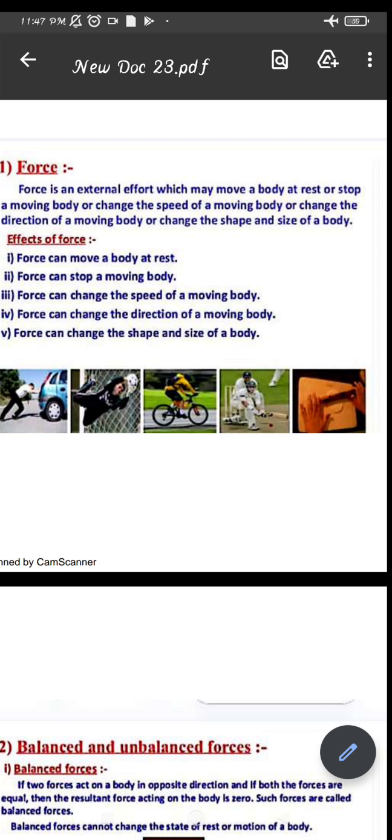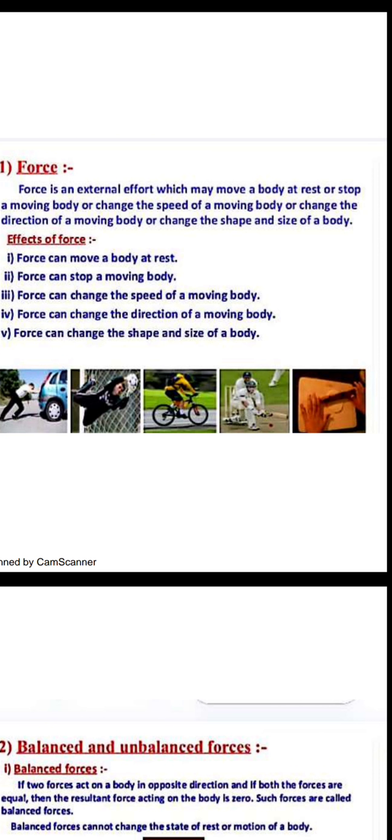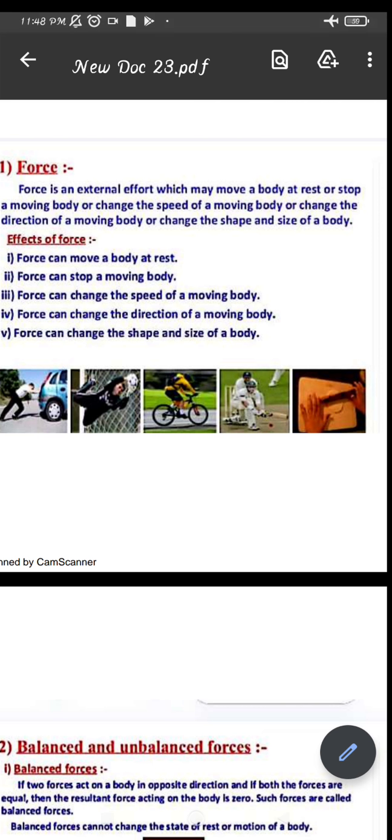If you apply some force on a moving object, the object can stop also, that is, we can bring that object to the rest position, as well as make the object move with more velocity. So we can vary the velocity of an object, we can change the state of rest and the state of motion, we can change the shape and the size of the body, and we can also change the direction of the moving body by giving force to that object. So all these are the force, that is, the external efforts and the action word which changes the different parameters of that object. So what are the effects produced by the force?